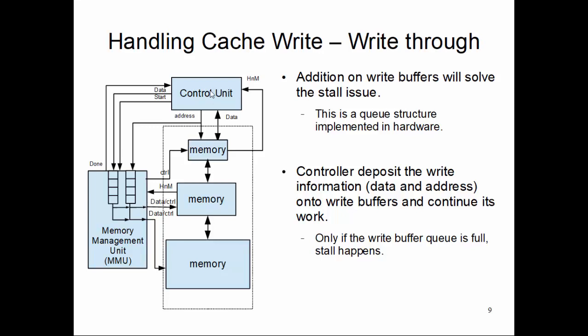Control unit goes back to the stall, and as soon as the queue opens up for at least one place, the corresponding data and address will be enqueued again into the memory management unit. So basically, if the queue is full, it reverts to the original behavior of incurring a stall upon write in this strategy.